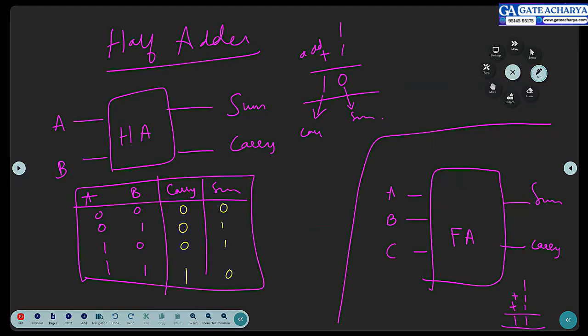Make a note. Sum, whether it is full adder or half adder, sum is always a XOR gate.